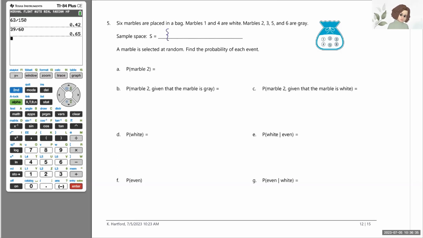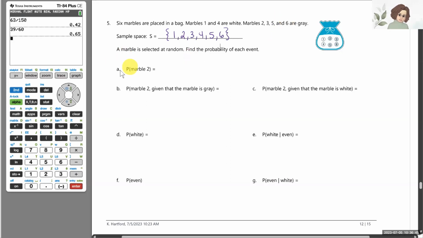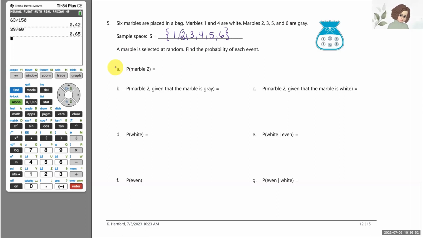So S, if I picked a marble from the bag, I could get 1, 2, 3, 4, 5, or 6. And we'll start with the probability that if you pick a marble at random, you get marble 2. So there's only 1 marble 2 out of 6 marbles.